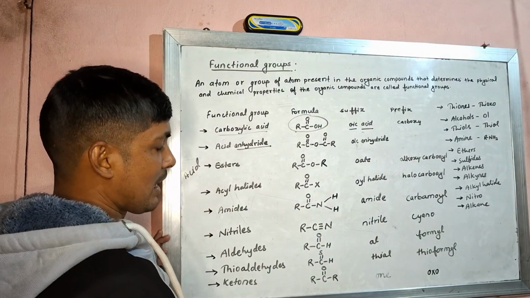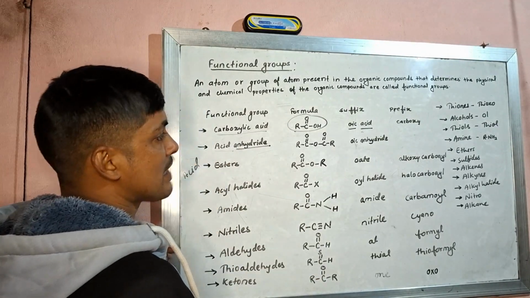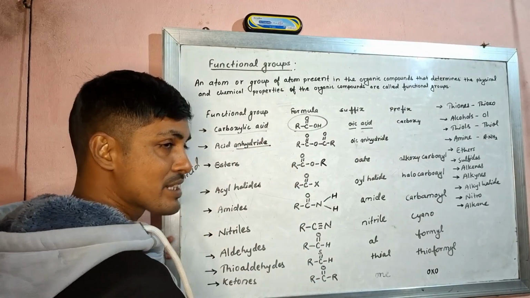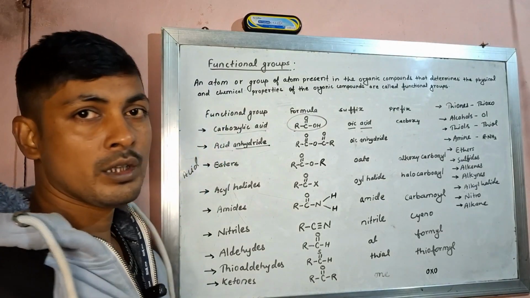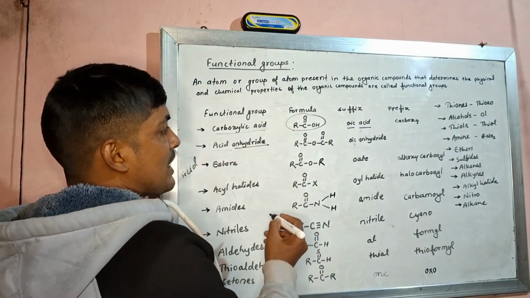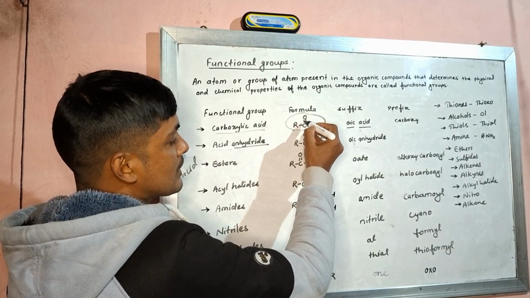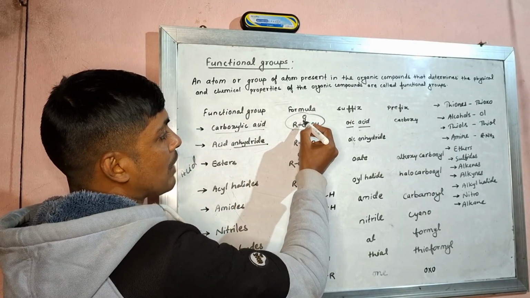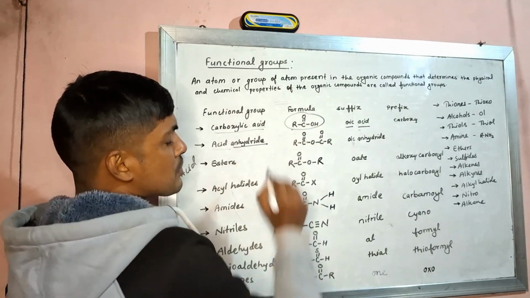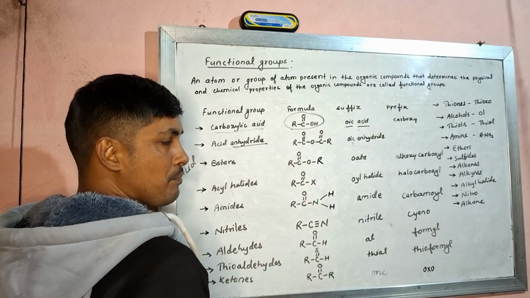Next one is acid anhydride. This acid anhydride is actually a derivative of carboxylic acid. If we talk about carboxylic acid, in every carboxylic acid we find one oxygen linked with carbon by double bond and another OH group linked with the carbon by single bond.